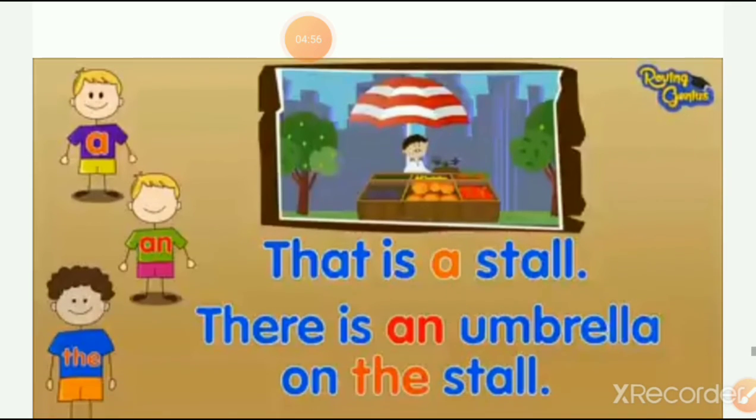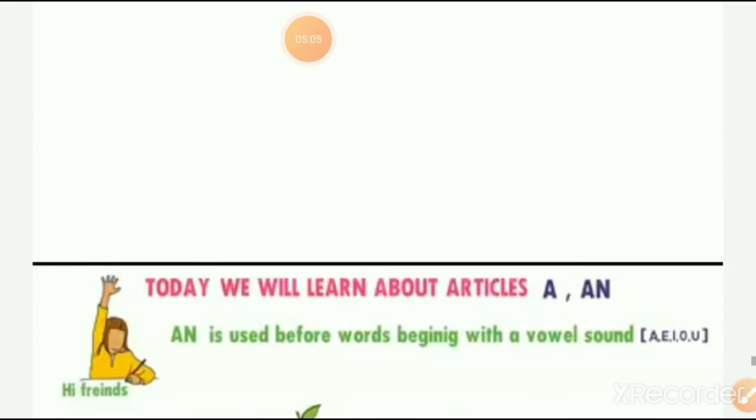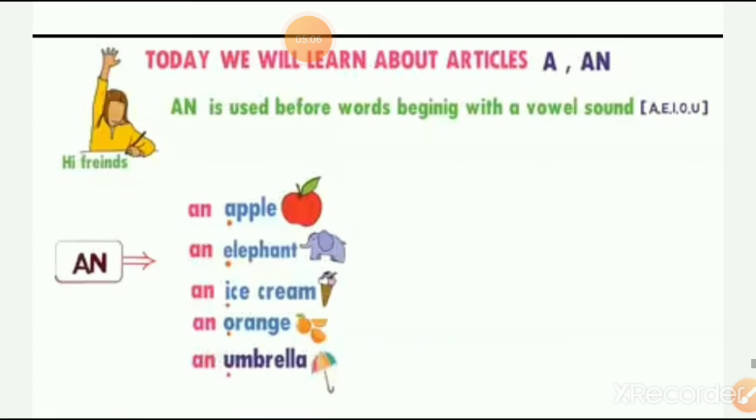This is a stall. There is an umbrella on the stall. So these are the examples, students.